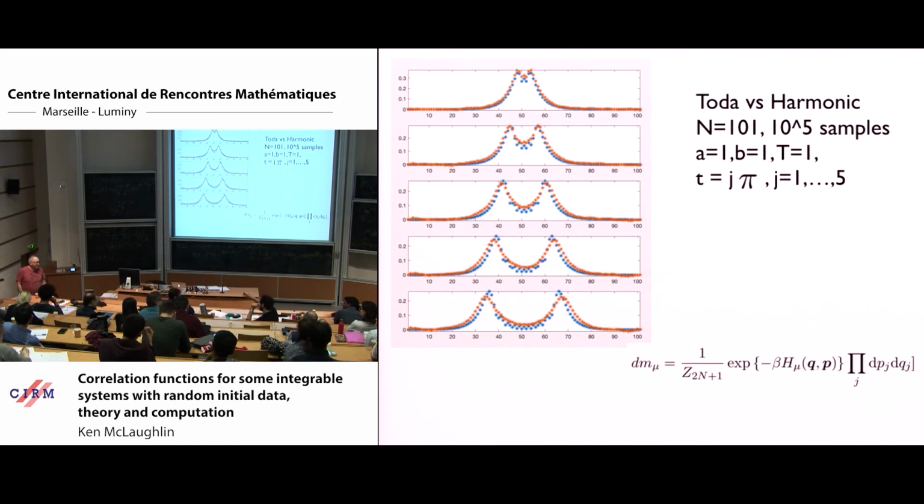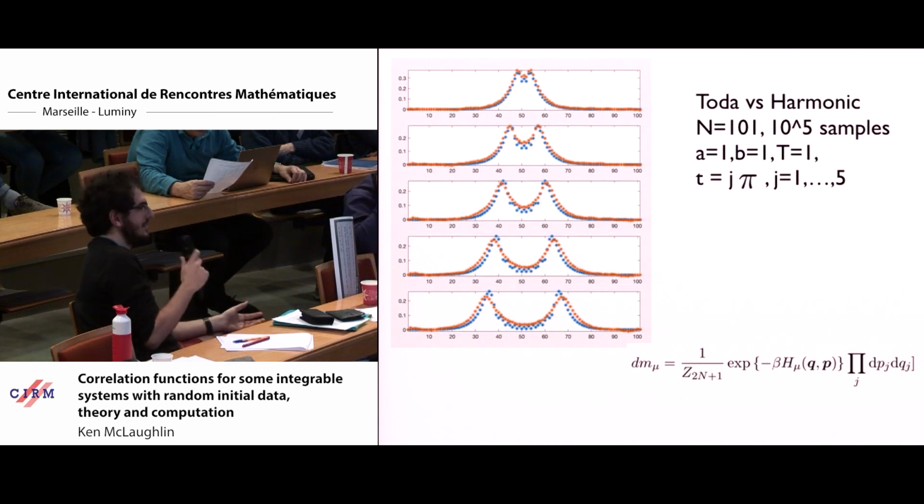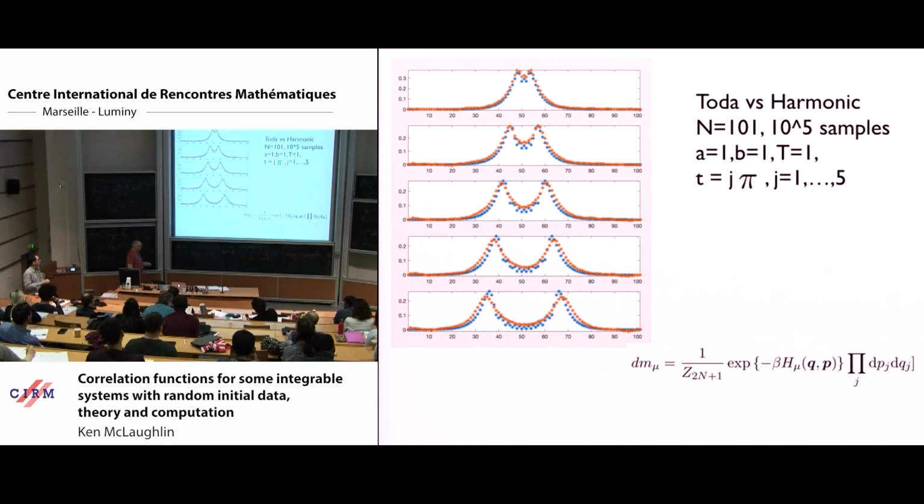Yeah, Guido. Why are you saying that taking the harmonic oscillator Hamiltonian to compute the Gibbs measure, to have random initial data, is the same as taking the Hamiltonian of Toda? There should be differences in picking random variables according to the harmonic oscillator and according to the Toda Hamiltonian, in principle at least. Why should it be the same instead? Well, probably it's not the same.